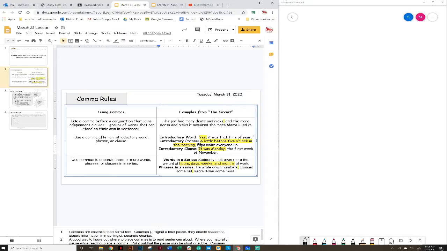So if you notice, all of these introductory words, phrases, and clauses help set up what the sentence is going to be about. For the introductory word, the narrator who is speaking says, yes. Yes is answering some question of what time of year? Yes, it's that time of year. The introductory phrase is introducing what Papa did.